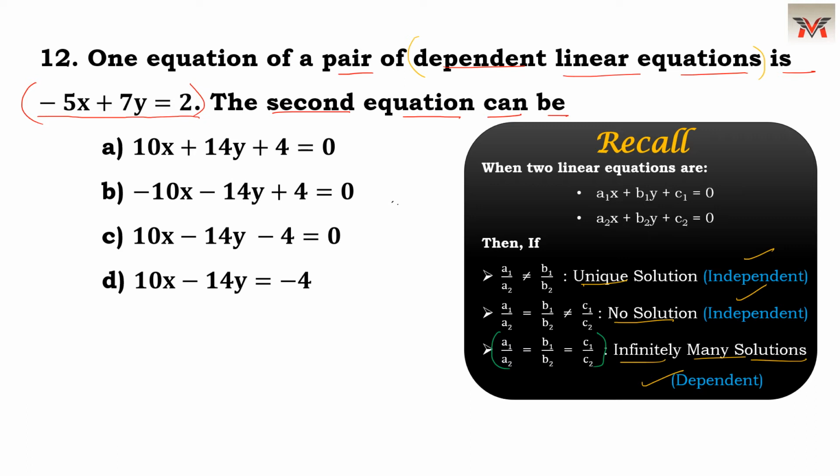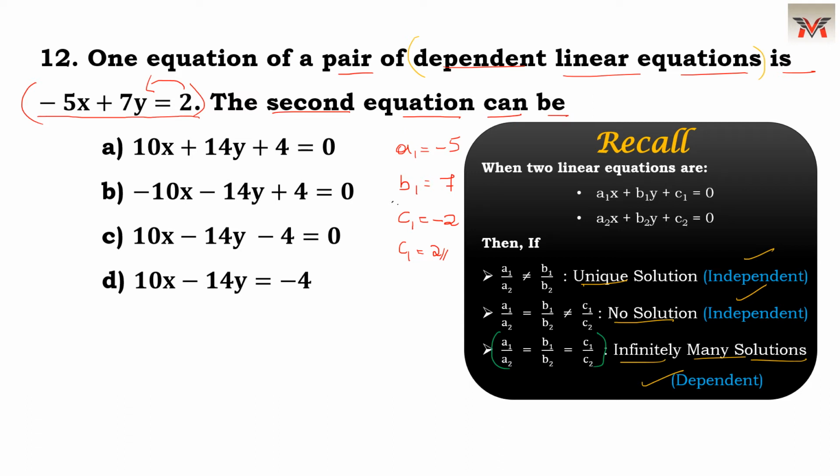If you observe, a1 is equal to minus 5, b1 is equal to 7, as well as c1 is equal to minus 2, in the sense that I'm taking the 2 to the other side. If you keep it on the right-hand side itself, you can consider c1 equal to 2, based on the equation with which you are going to compare it.